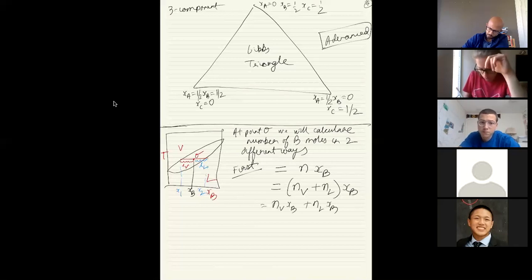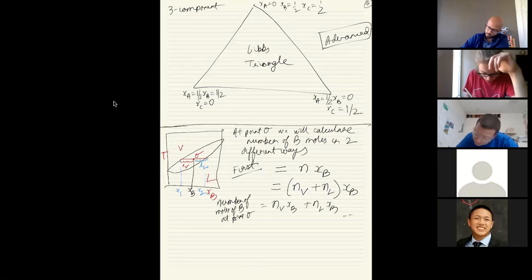So what are we talking about? We are talking about number of moles of B at point O. So this is our equation number 1. Let's do it in a second way and then equate both.